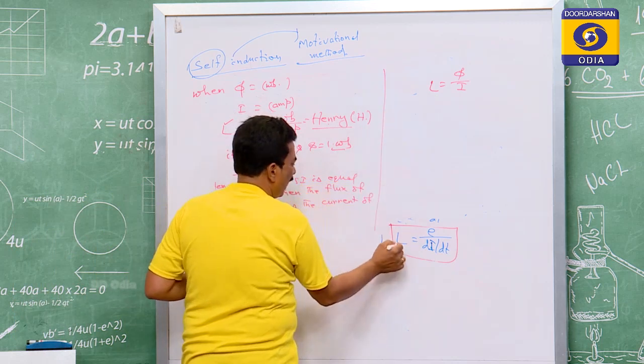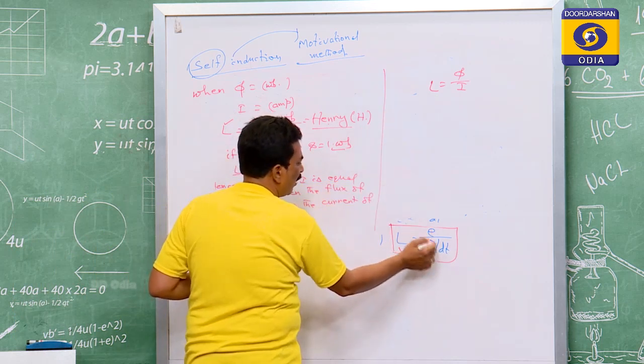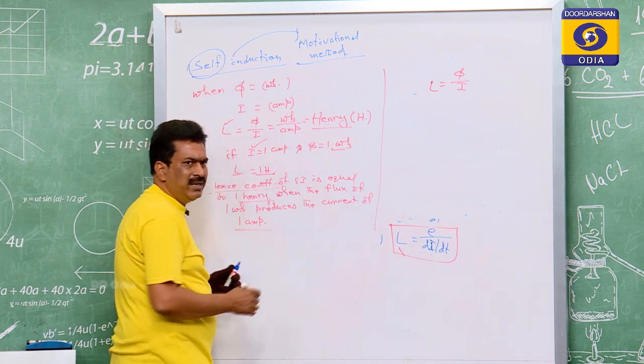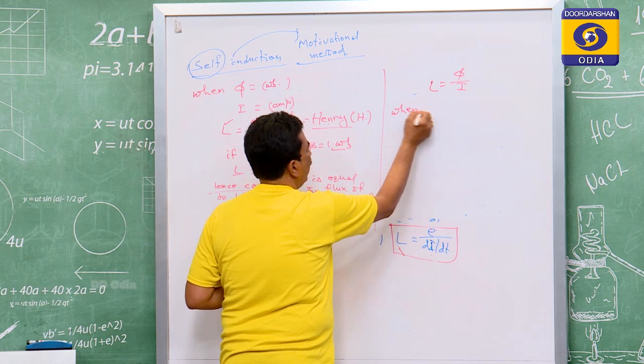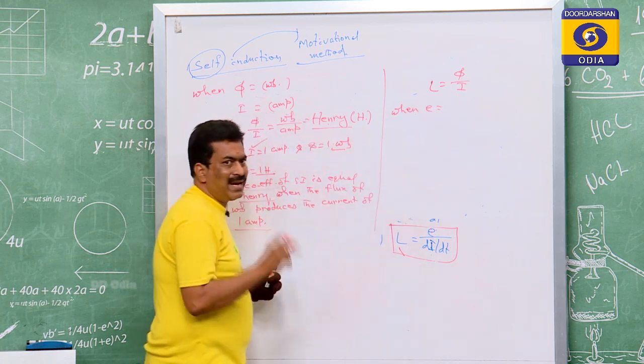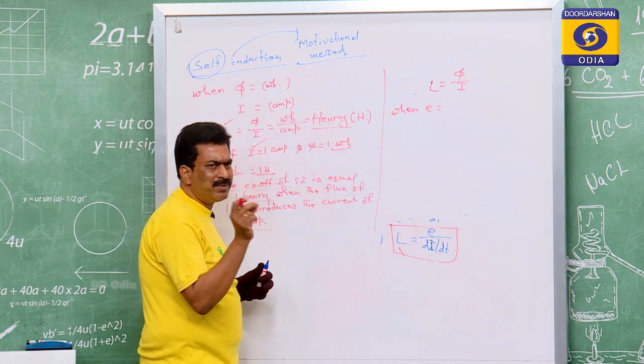The same L is defined as E upon di by dt. Here E is the EMF, which means the voltage.